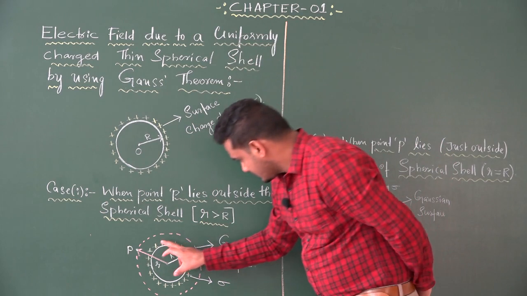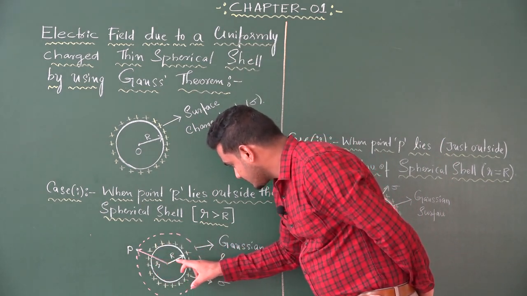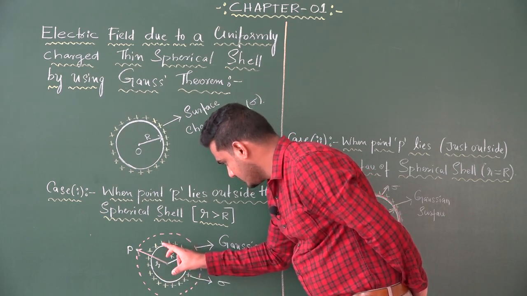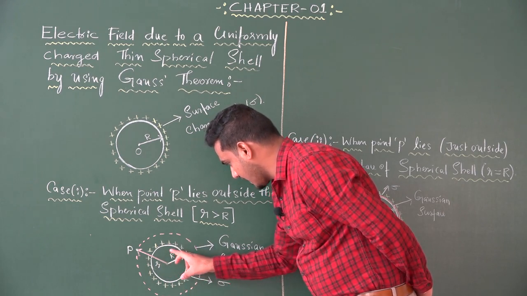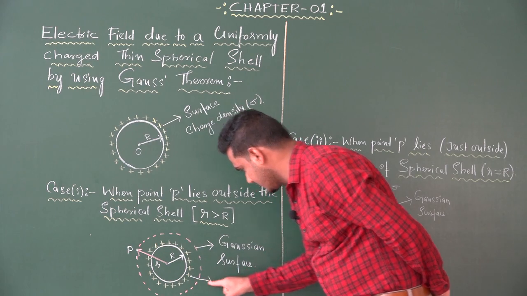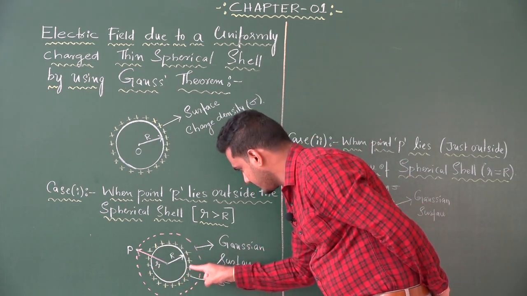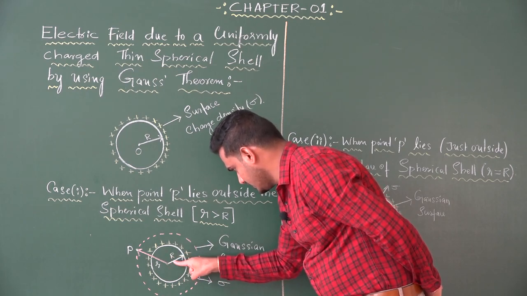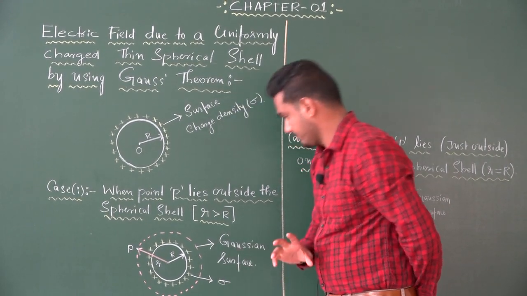Here I consider a spherical conductor of radius capital R, having surface charge density sigma. The white chalk that I used indicates the spherical conductor of radius R, having surface charge density sigma.